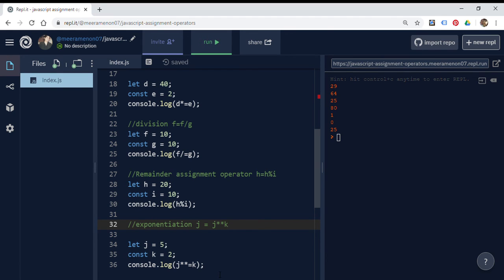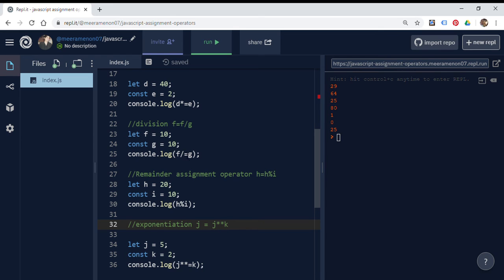Okay. So I hope you're clear about the assignment operator, or just to summarize, any assignment operator when used, whether it be the addition, division, subtraction, remainder, or the exponentiation assignment operator, we assign a particular value by doing an operation on the left operand, like in this case j. You're doing something with it here, and based on this assignment operator, in this case you're using the exponentiation operator.